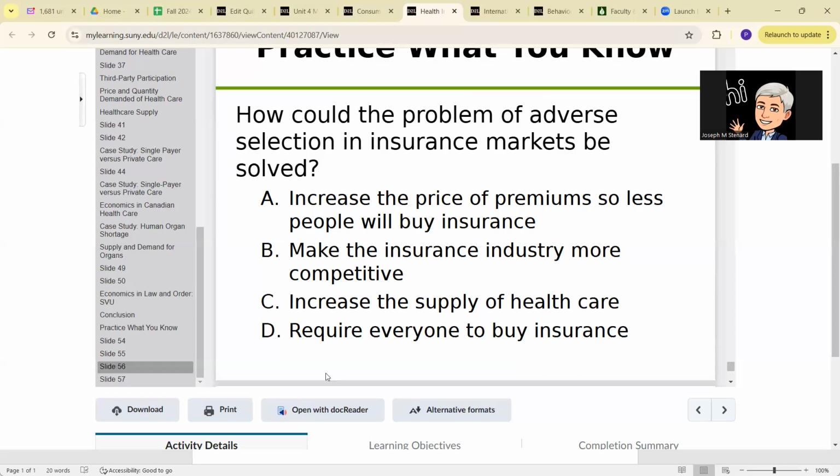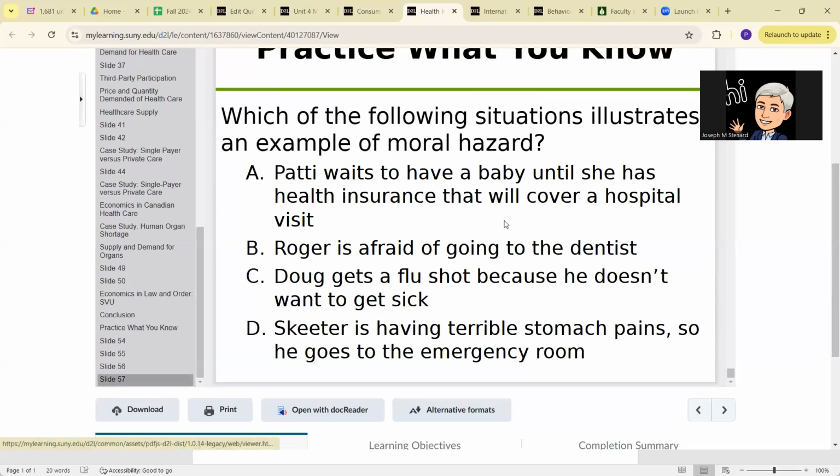Lastly, question, or slide 57. Which of the following situations illustrates an example of moral hazard? And this is a great one. If you understood the term moral hazard, you'd also understand that there's a moral compact, a principle that people are essentially going to live their life in such a way that protects themselves and doesn't do undue harm.